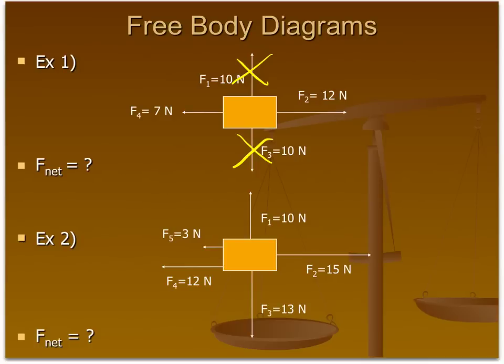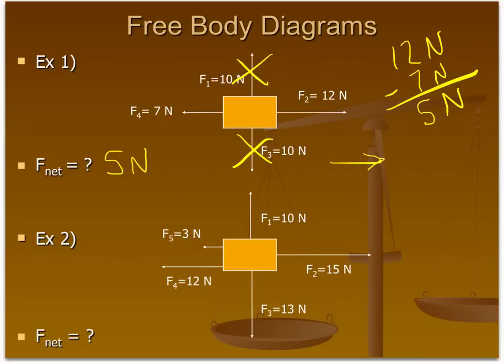So if I have 12 newtons to the right and 7 newtons to the left, and they're going in opposite directions, all I have to do is subtract them. Okay? And so overall, my F net is going to be 5 newtons to the right. And we can draw that then with a vector.